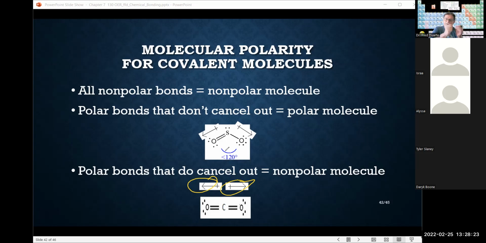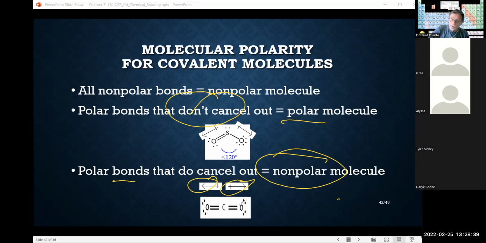The polar bonds cancel each other out, resulting in a nonpolar molecule. Okay, polar bonds don't cancel out, we got a polar molecule. Polar bonds do cancel out, we have a nonpolar molecule, even though there are polar bonds within the molecule.